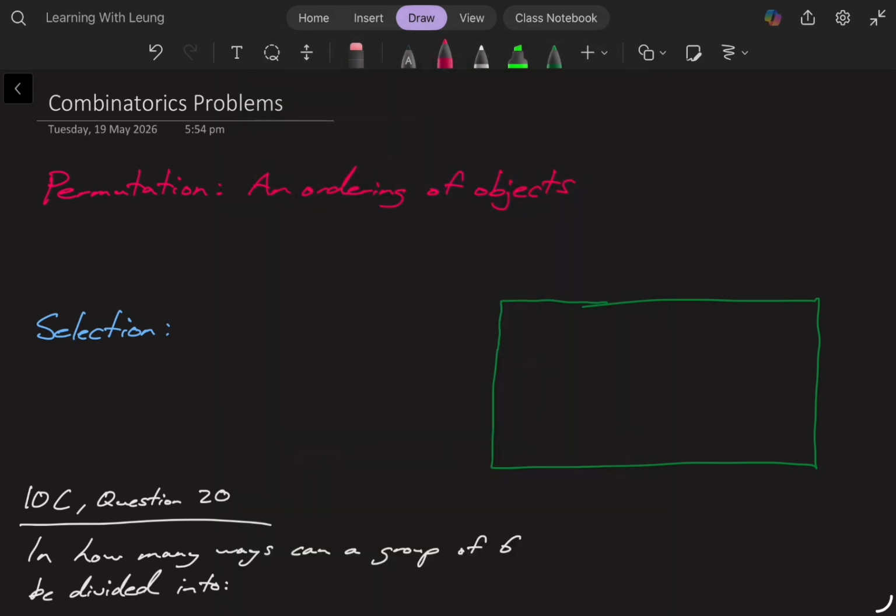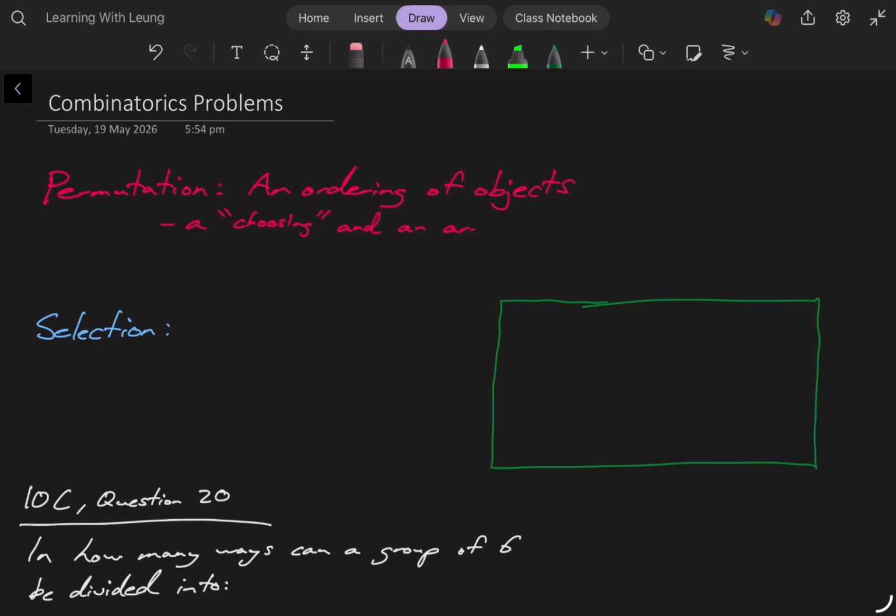So, firstly, with permutation. Permutation, as I've written there already, is an ordering of objects. That is, we take some amount of objects from a group. We could take all of them. We could take some of them. And it involves two steps. It involves a choosing. That is, we need to choose how many we're going to take, right?